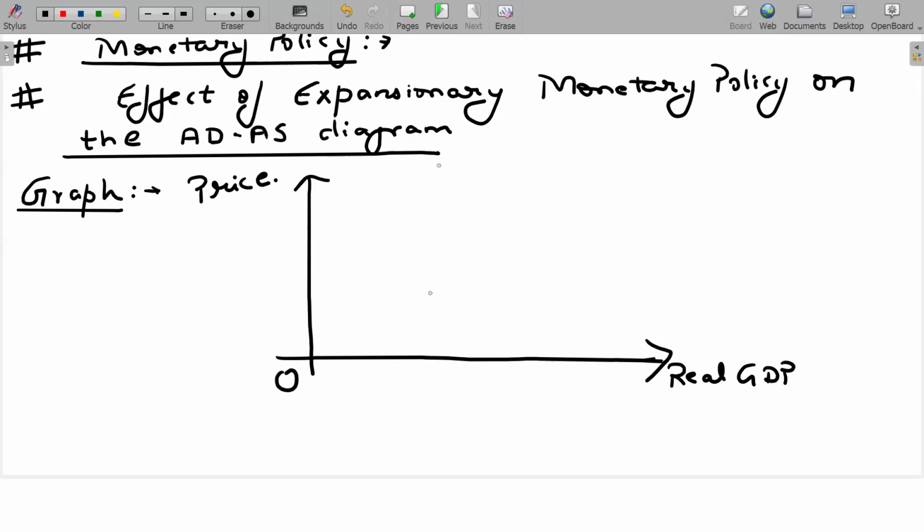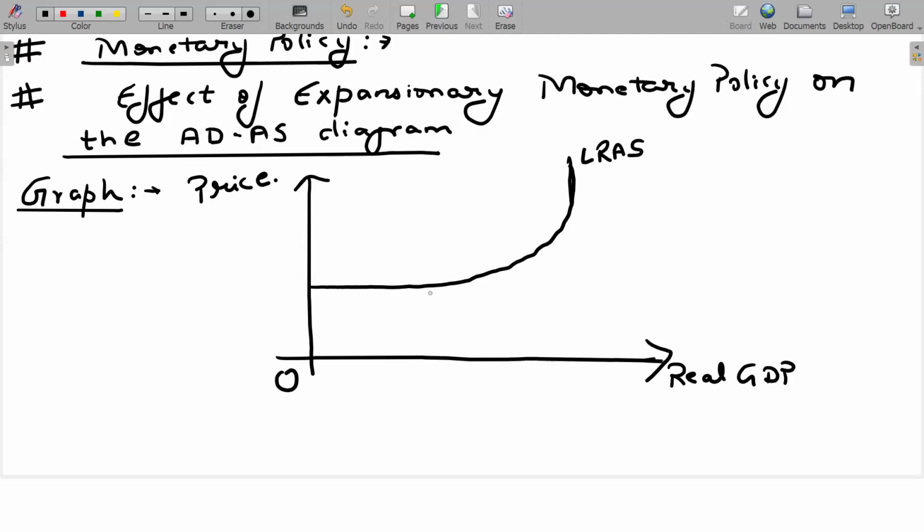We all know that our long run aggregate supply curve looks like this. It is horizontal first, indicating spare capacity available in the economy. Then it's upward sloping, and finally it becomes vertical when the resources are fully employed. I have discussed the shape of the long run aggregate supply curve in my previous lessons.